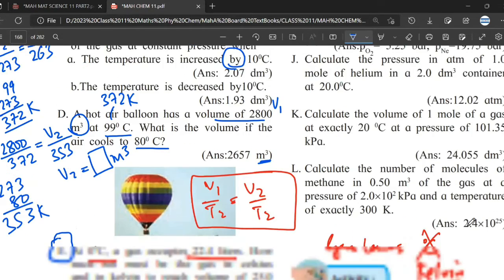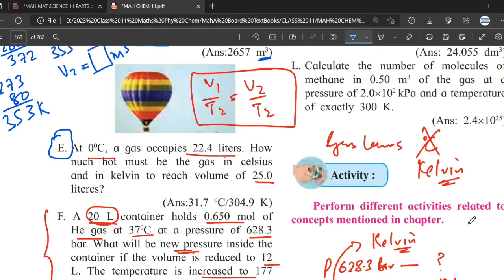Okay. Let us look at the E part. At 0 degree Celsius, so 273 Kelvin, gas occupies 22.4 liter. So this is my volume. How hot must the gas be, in Celsius and Kelvin, to reach a volume of 25 liters?